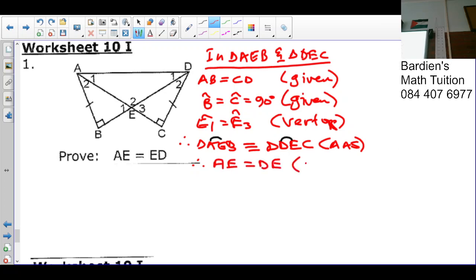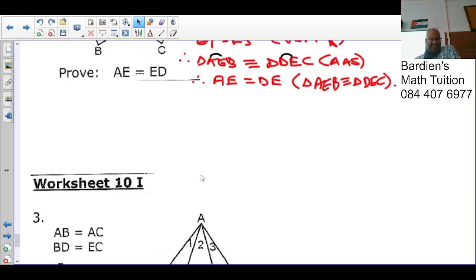Why? Because triangle AEB is congruent to triangle DEC. Okay. That was 10I, number 1.